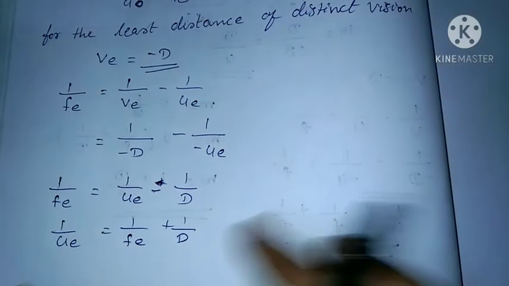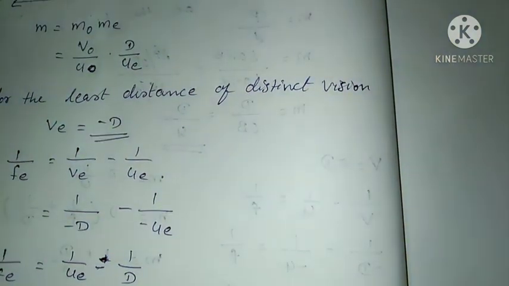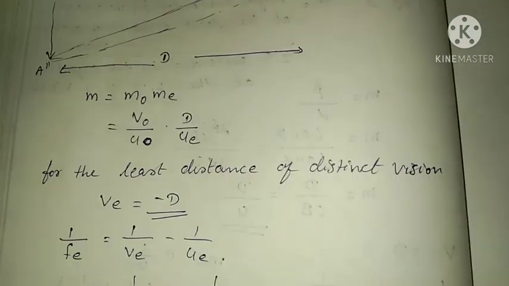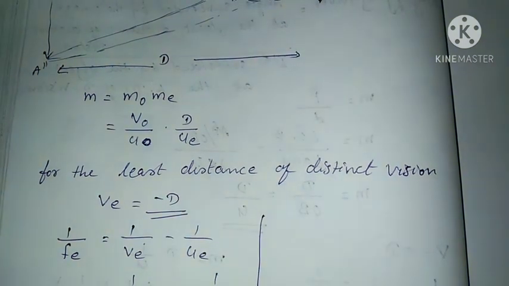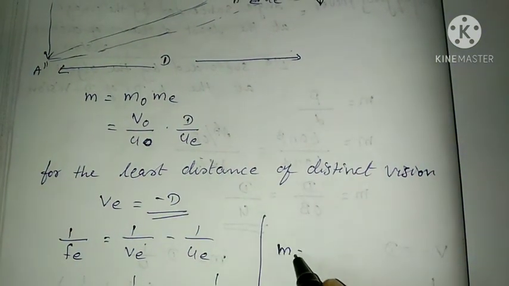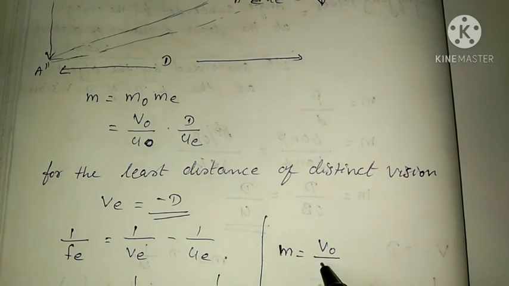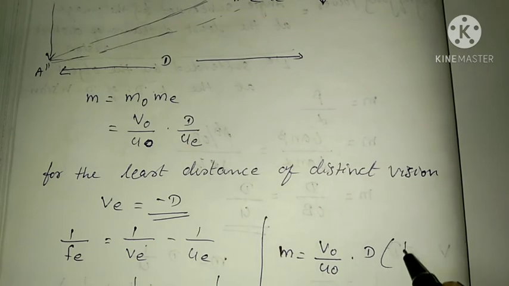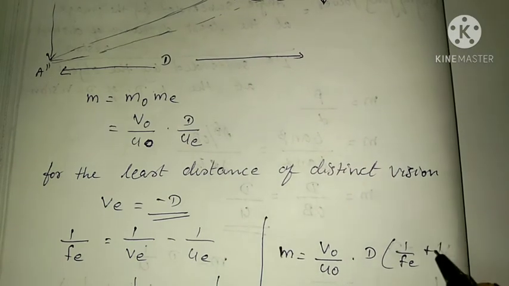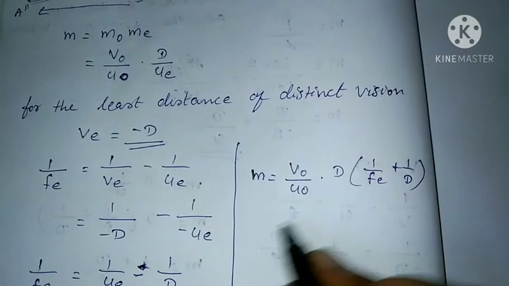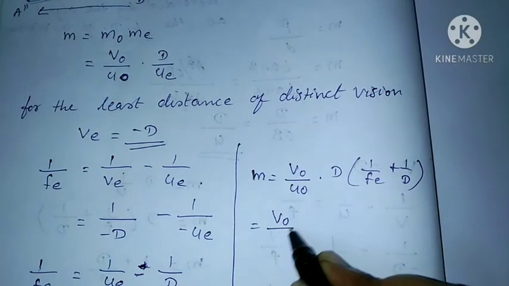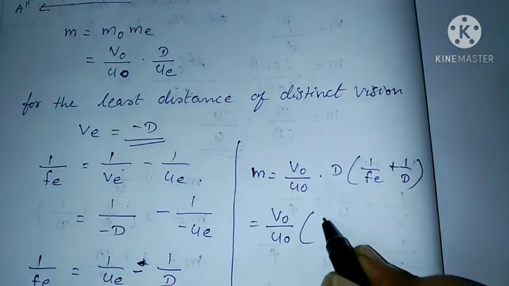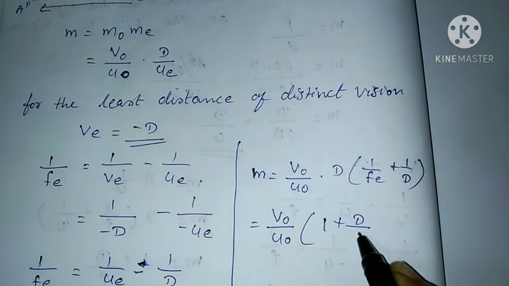Then we can substitute this 1 by UE in the formula M equal to V0 by U0 into D by UE. So we can write magnification M equal to V0 by U0 into D into, what is 1 by UE? That is 1 by FE plus 1 by D. So that is equal to V0 by U0 into D into 1 by D, that is a 1, plus D by FE.